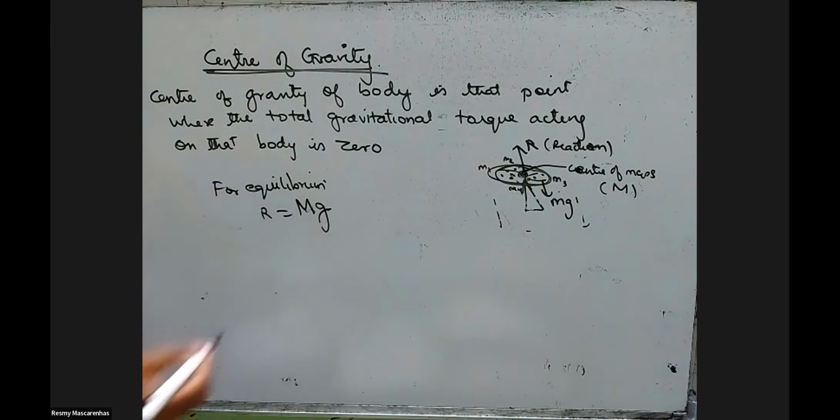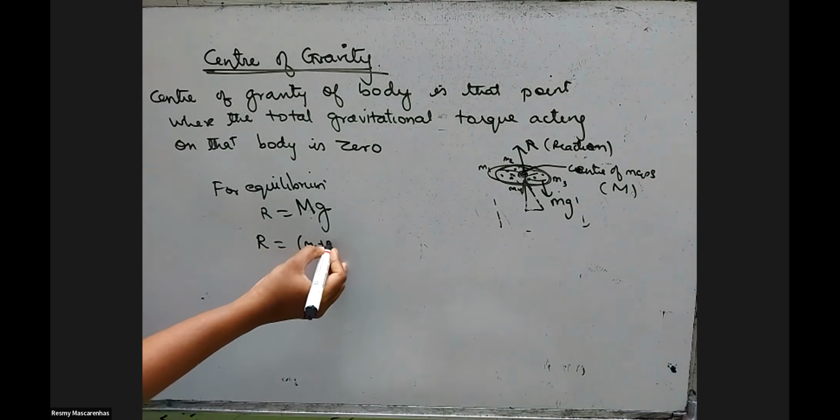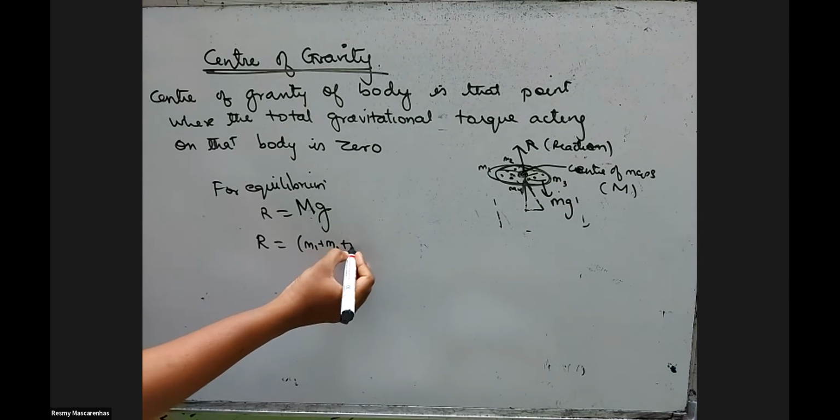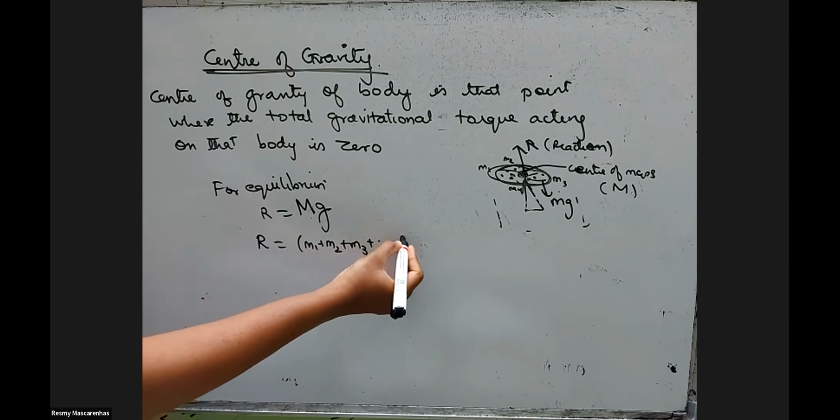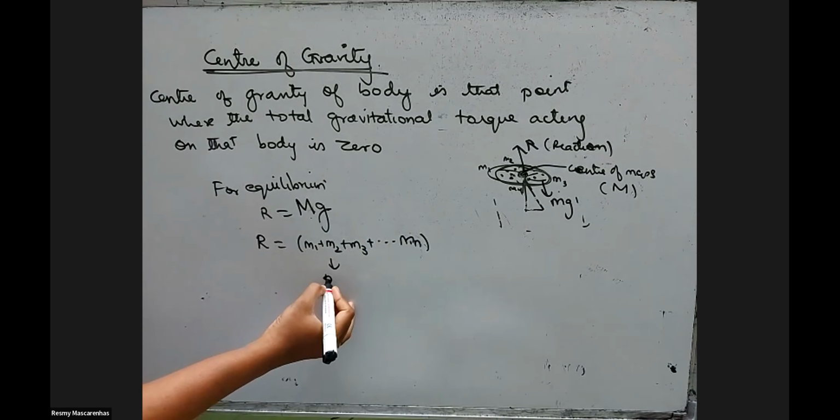This M is nothing but the sum of all the small particles, that's why it is a capital M. These are the particles.